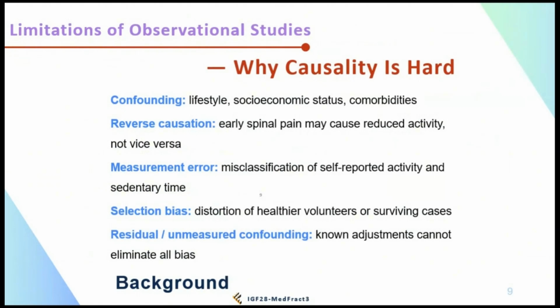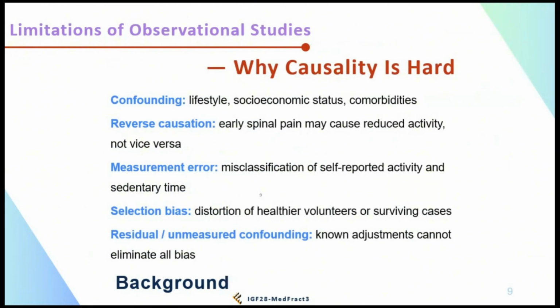Confounders like lifestyles and socioeconomic status may bias the associations. Reverse causation is a particular problem because early spinal pain or vertebral disease may cause reduced activity and create misleading associations. Measurement error is common, especially when the activity and sedentary time are self-reported.